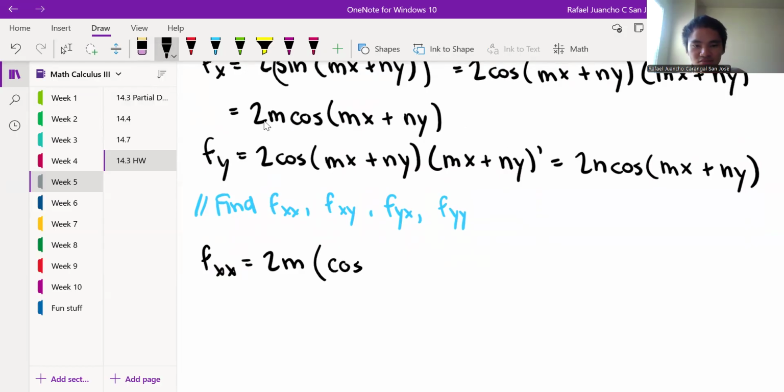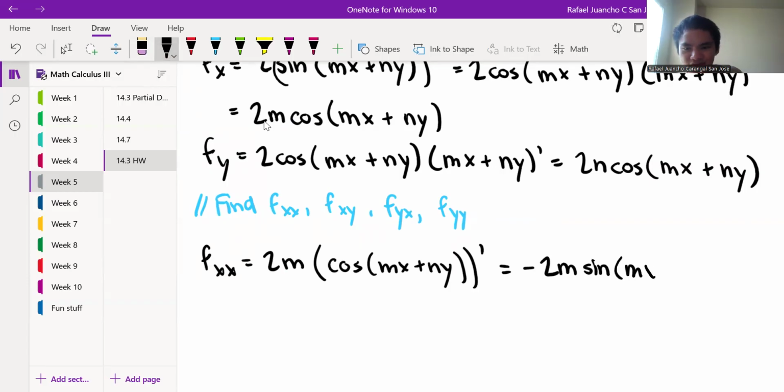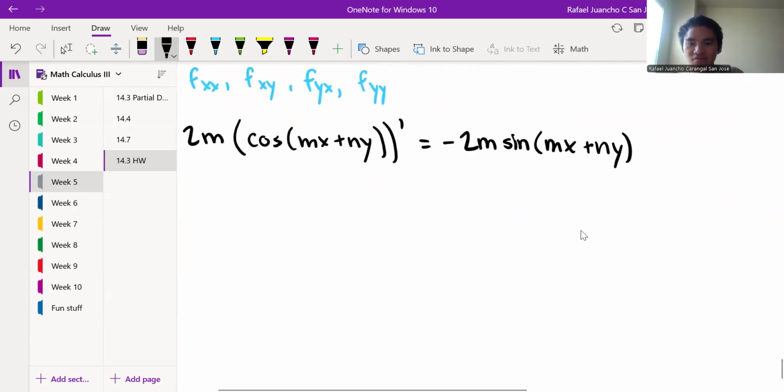So cosine becomes sine, and then I copy. And from here, I take chain rule. So I take the derivative of whatever was inside my trig function.